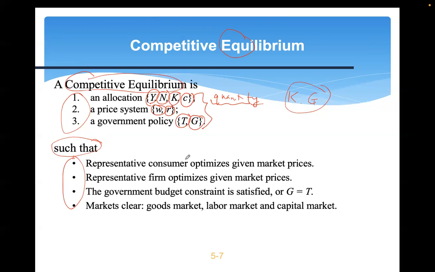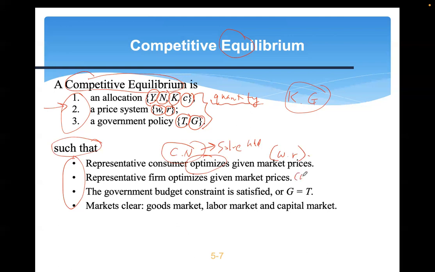First, the representative consumer optimizes given market prices. In other words, the consumer takes W and R as given, and then optimizes, meaning the C and N we have seen from the definition of the competitive equilibrium are going to solve the household's problem. Secondly, similarly, the representative firm optimizes given market prices.